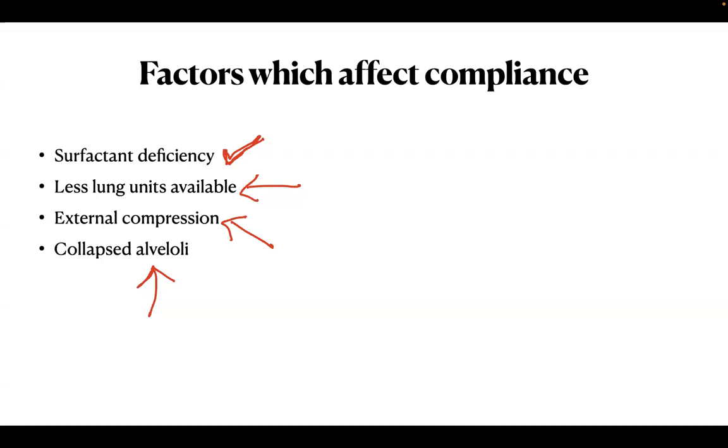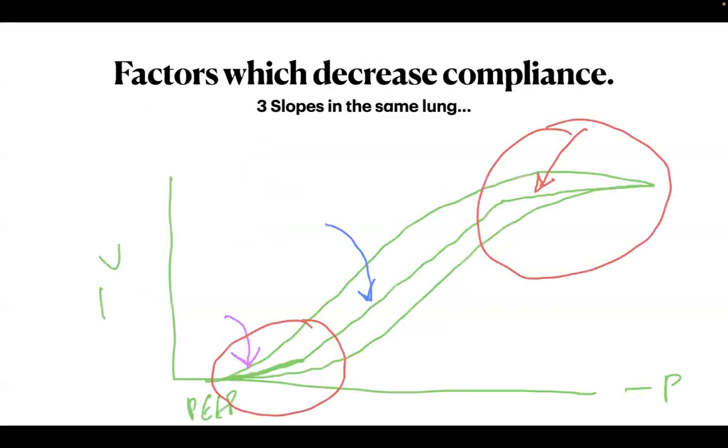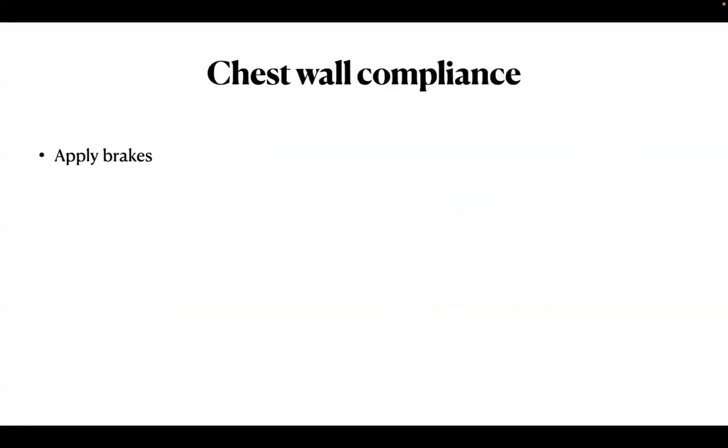You can also have a consolidation within the lungs with increased amount of fluid and inflammatory substances like in a pneumonia or a pulmonary hemorrhage or a meconium aspiration syndrome. All of these can also affect compliance. So anything which decreases the amount of volume change for the amount of pressure that you have applied can decrease compliance.